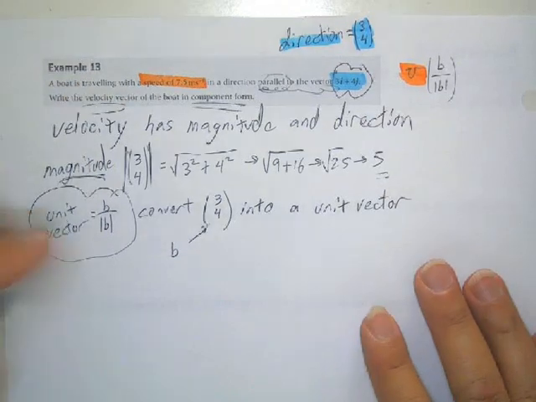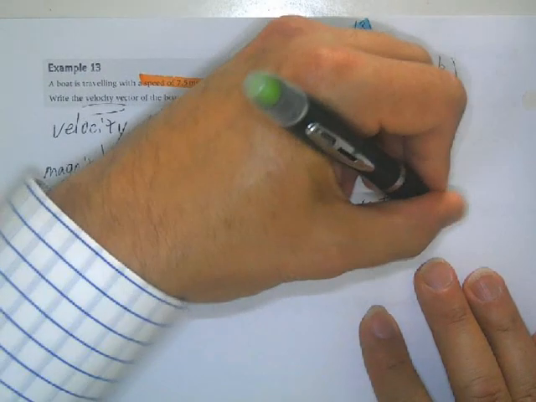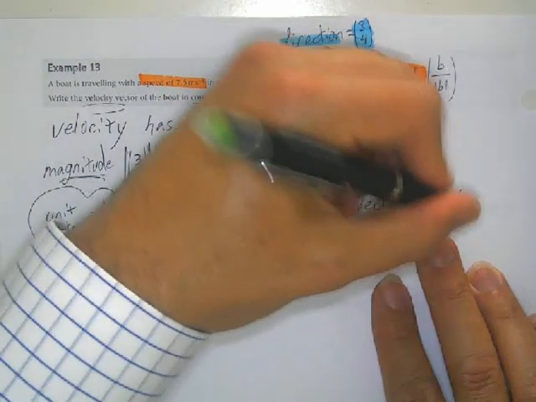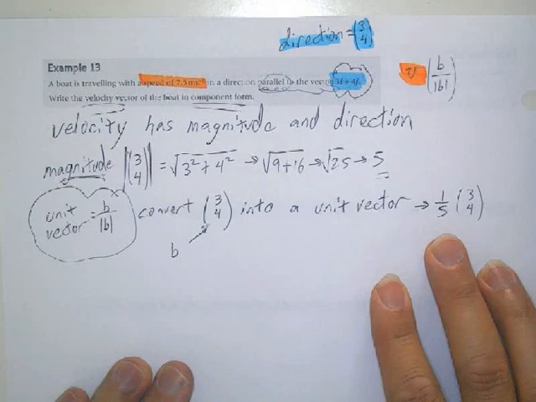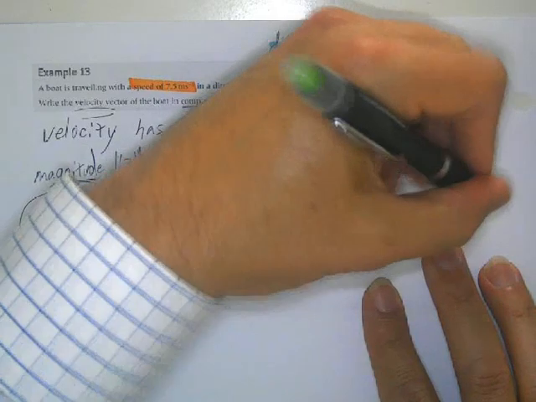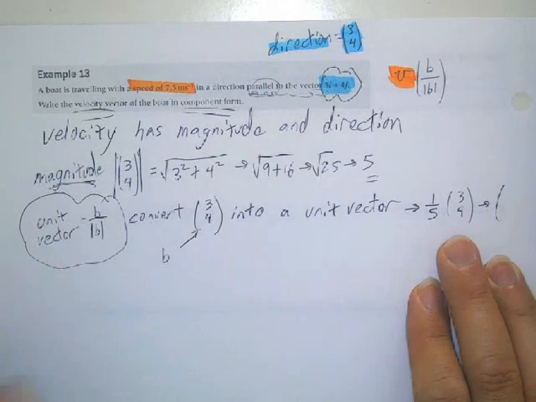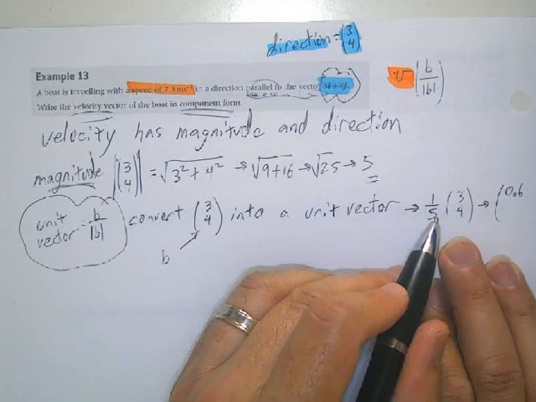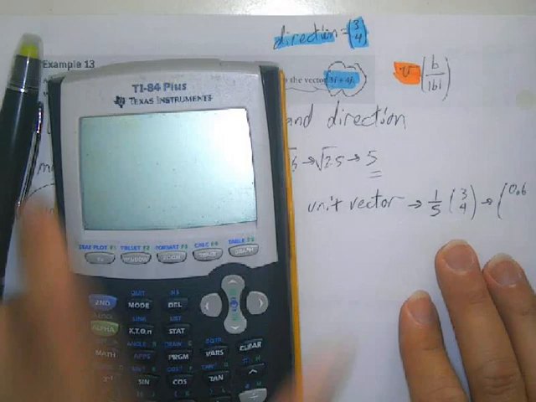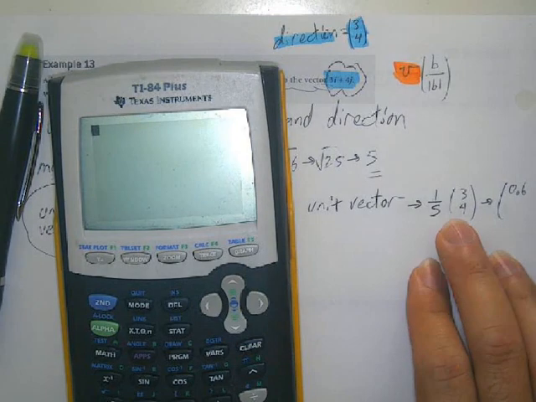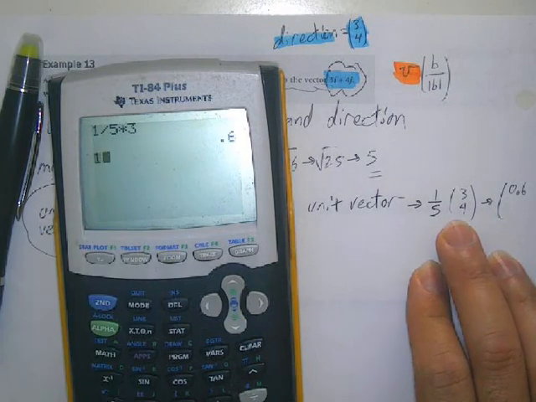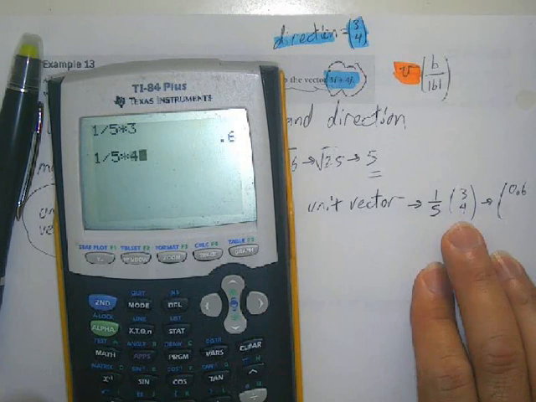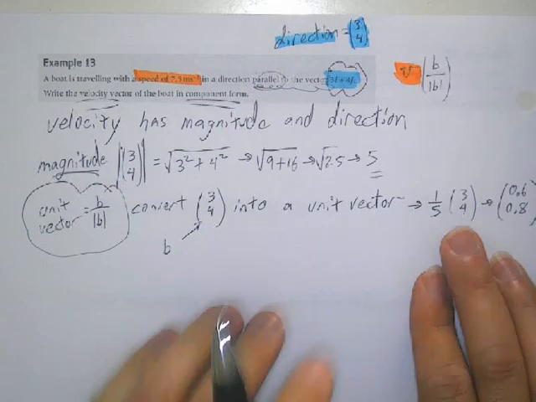So we're going to have 1/5 times my direction vector, which is going to give me, okay, 1/5 times 3 gives me 0.6, and 1/5 times 4 gives me 0.8. Okay, so this has a magnitude of 1.